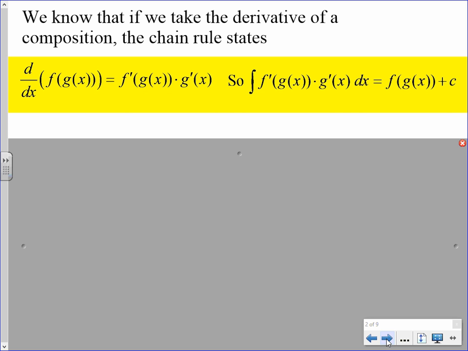So using our antiderivative, let's think backwards strategy, if we have the integral of F prime of G times G prime, then we know that antiderivative will be F composed with G plus some constant C. That makes sense? If we have the composition, we have its derivative, we take the antiderivative, we get back to the same place.